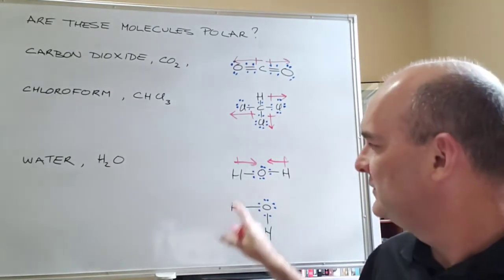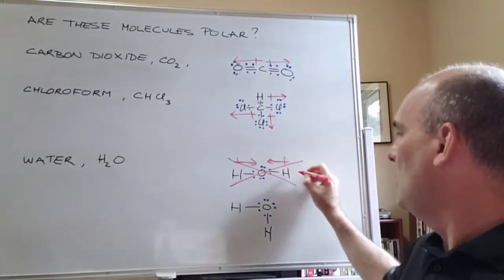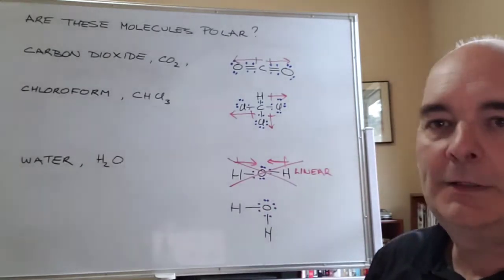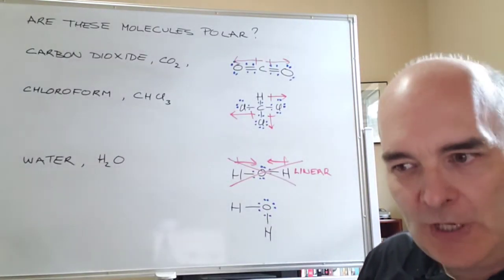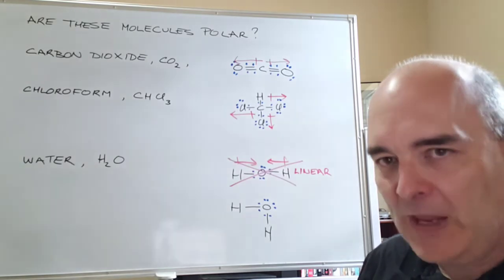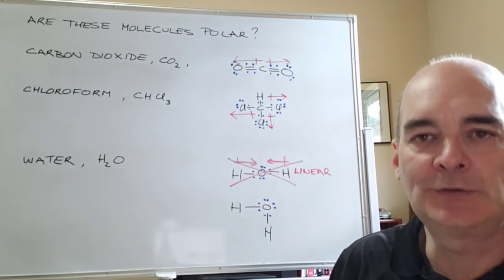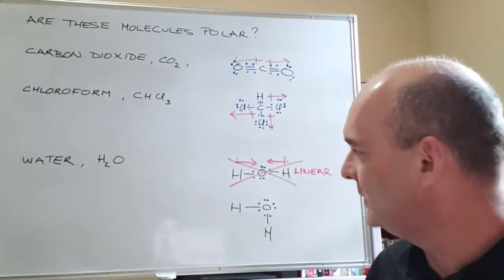And the reason is water is not a linear molecule. By writing this out in 2 dimensions, we have failed to recognize something important about this molecule's structure, something that is still unrevealed to us.